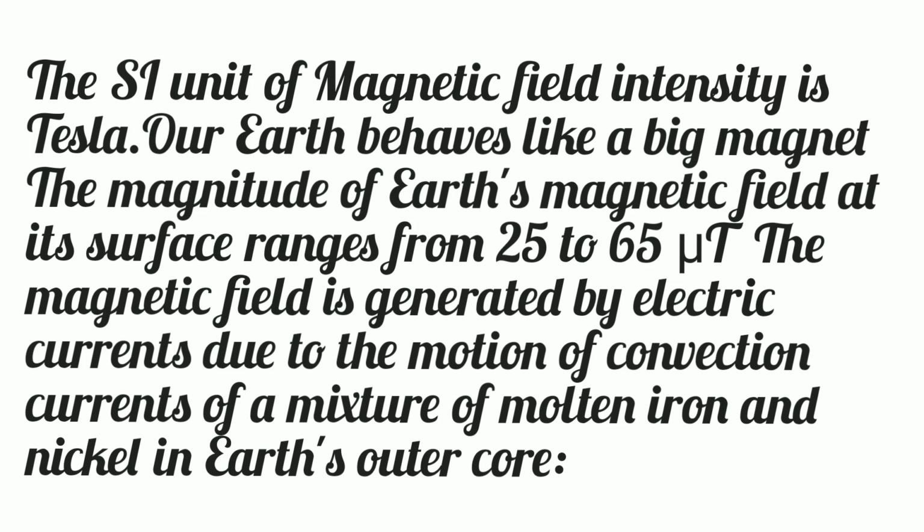This molten matter is in a state of constant turbulence and is made up of molten iron and nickel, which are magnetic materials. And because of their continuous motion, they create electric currents, which in turn produce magnetic fields. So the magnetic field of the Earth is 25 to 65 micro Tesla.